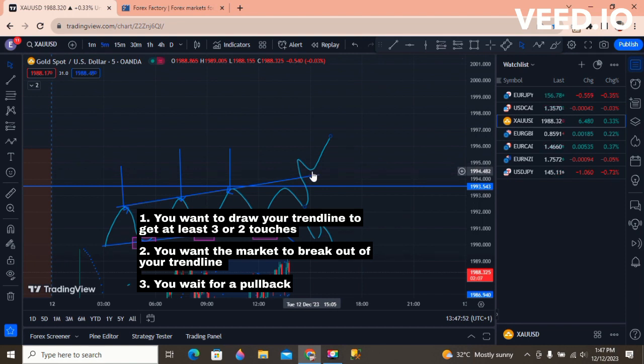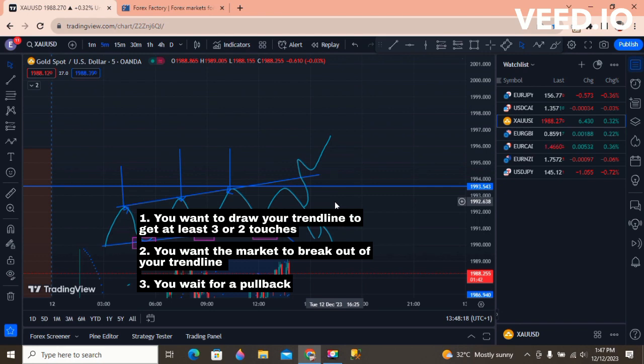Now how many rules did we use to enter this trade? 3 rules. First rule, you want to draw your trend line and make sure you have 3 touches or 2 touches. Second rule, you want to wait for the market to break out of the trend line. Third rule, you want to allow the market to come back and retest that trend, that is a pullback. Then you can enter your trade.